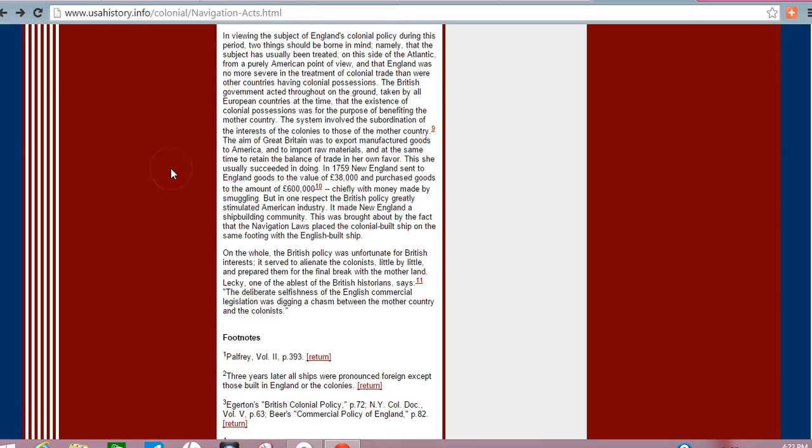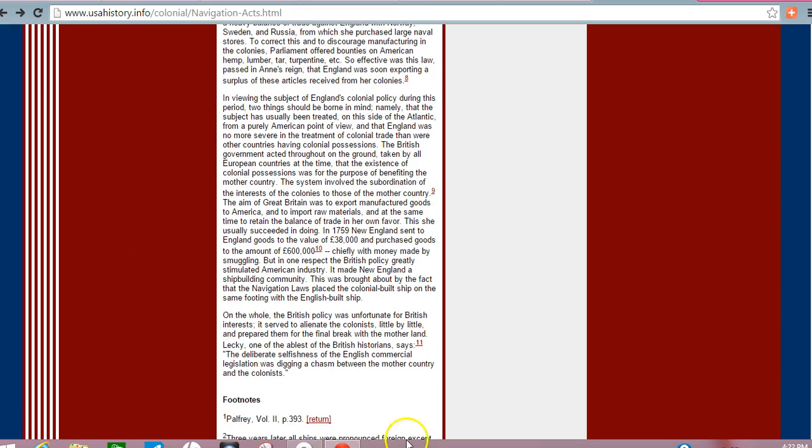The big key that I want you to pay attention to is this last little section right here, where essentially it's saying that one perspective of the Navigation Acts is that it was unfair to the colonies, and I suppose on one level it was, but even this older textbook points out that in reality, England was not treating the American colonies any differently than any other country treated its colonies. I mean, this was standard procedure. And so it really was not that awful.